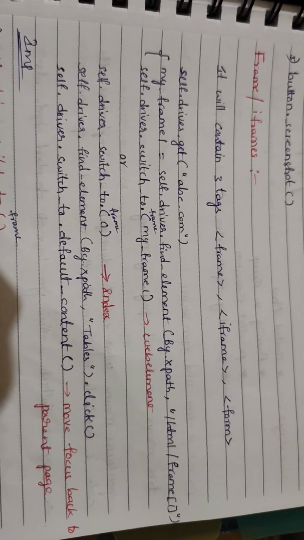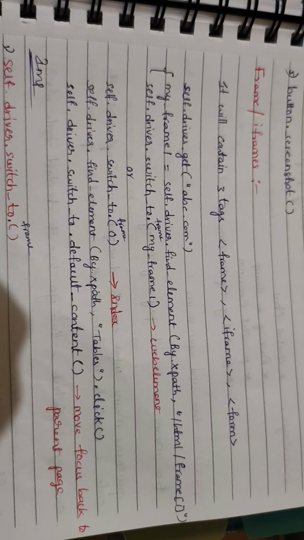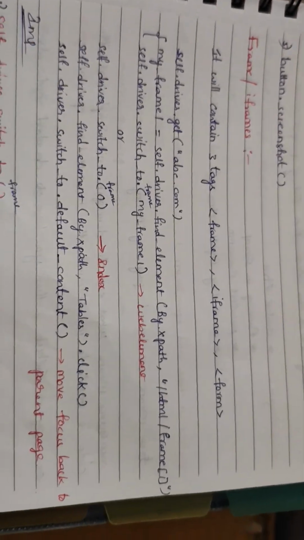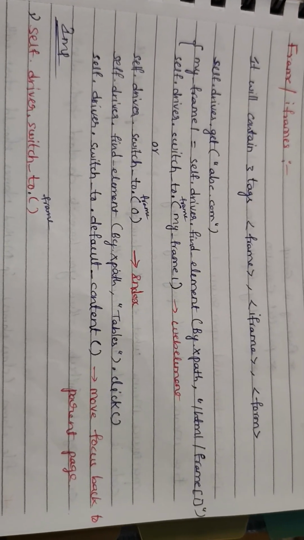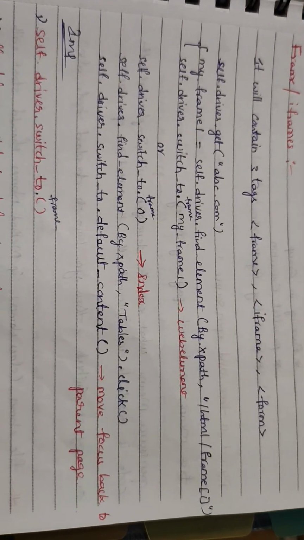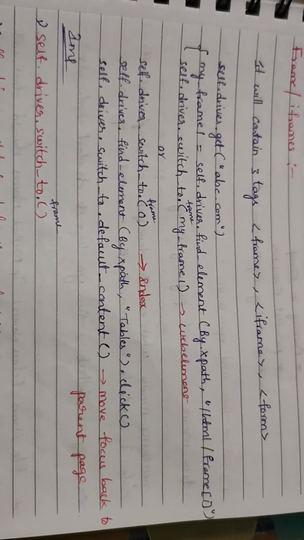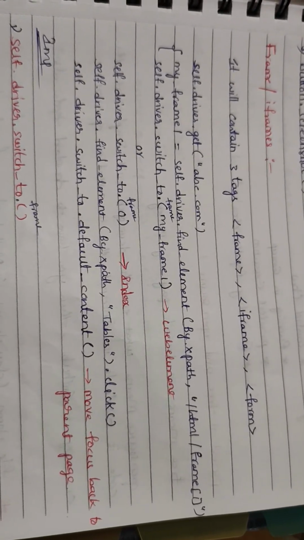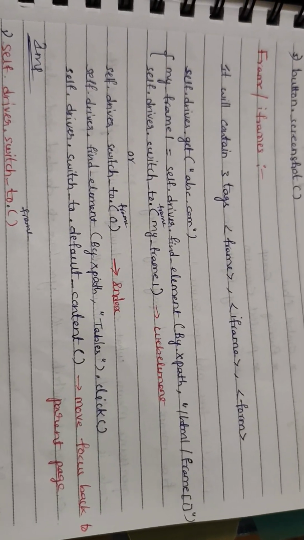See here, how frames or iframes work: first you move to that particular frame, then go back to the parent page. It will contain 3 tags: frame, iframe, form. First this is the application, this is my frame 1, self.driver.find_element by XPath, this is frame 1. Then you switch to that particular frame, or switch to frame(0), this is the index. Then again you move to the main parent page, that is switch_to.default_content().